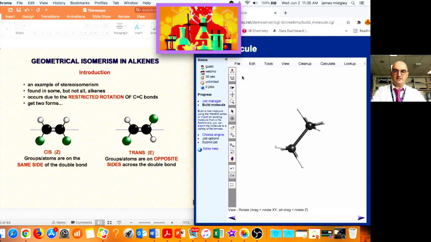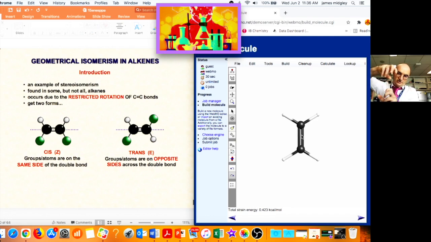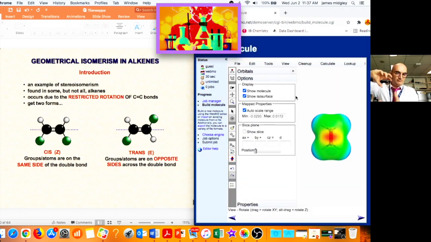But as soon as I put a double bond between the two carbon atoms, in fact, let's start again. 1, 2, double bond. By putting the double bond in, I prevent free rotation around here. If I was to twist those two carbon atoms, the sigma bond is able to rotate, but because the pi bond is on either side, as we've been showing, that pi electron density, we would have to break it to actually spin it around.